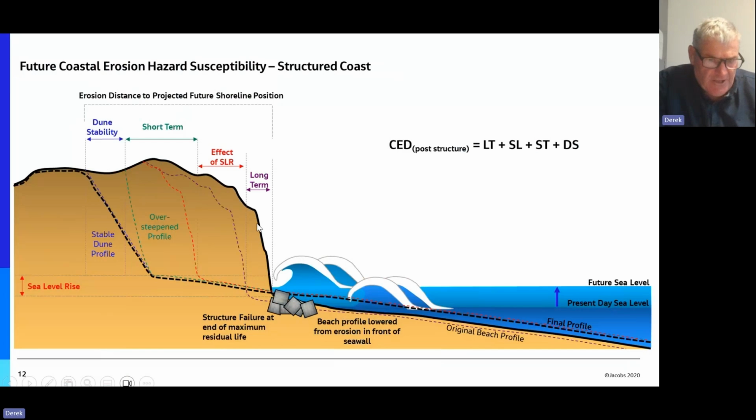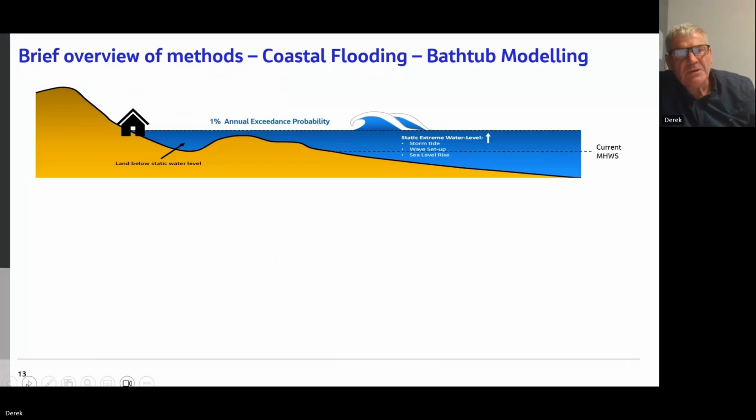And so again, those predictions have a reinitiation of a long-term erosion rate, assessment of what the effective sea level rise will be at that stage in the future, and then still adding our short-term storm. Okay, so that explains how we've modelled and how we've arrived at coastal erosion distances in the future and where we think projected shorelines will be.